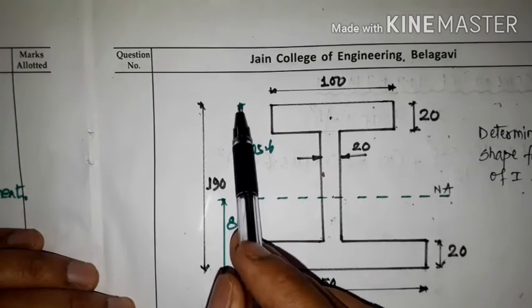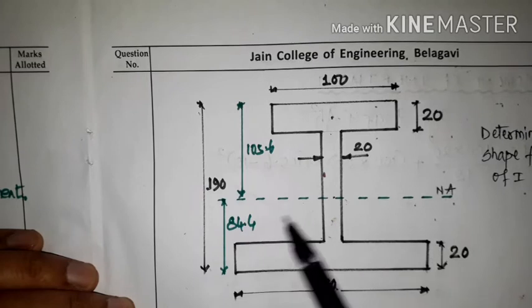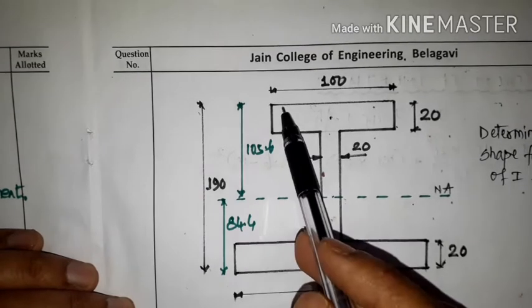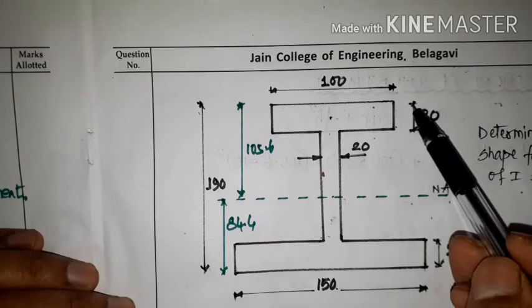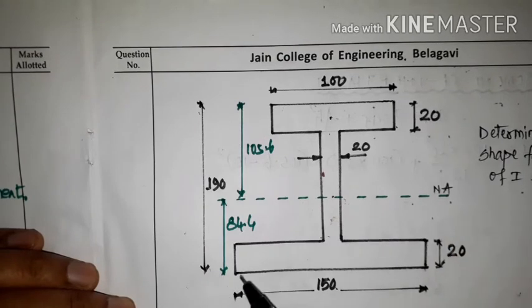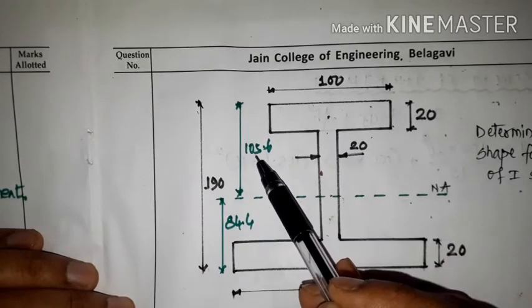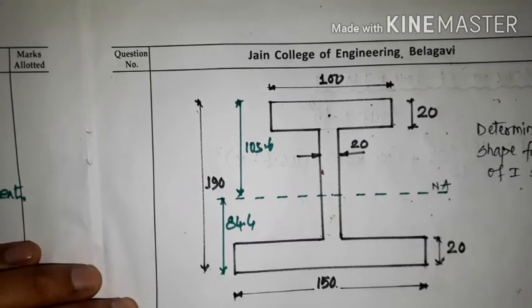We know this is 105.6 from the centroidal axis up to the top of the flange, then we deduct 10, so we get up to the center. So 105.6 minus 10.